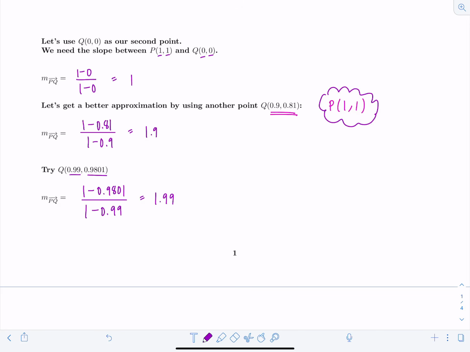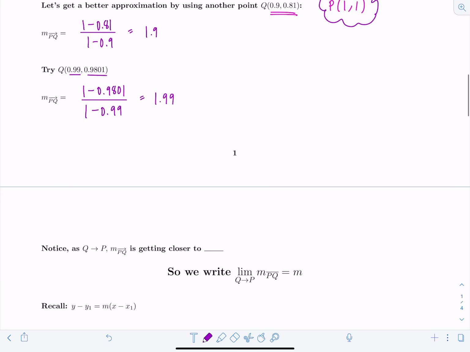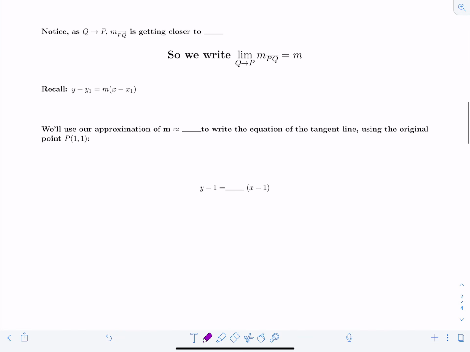Ooh, it looks like things are going somewhere, right? So notice as we move that point Q closer and closer to the point P, the slope of the secant line that goes through PQ is getting closer to the number 2.